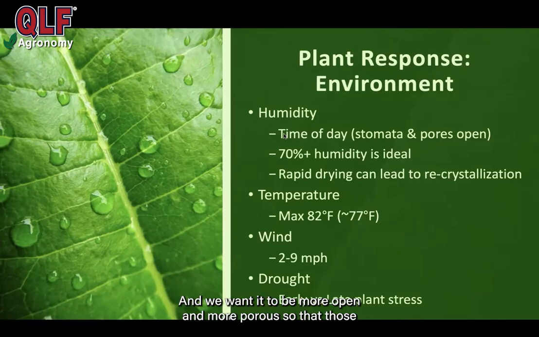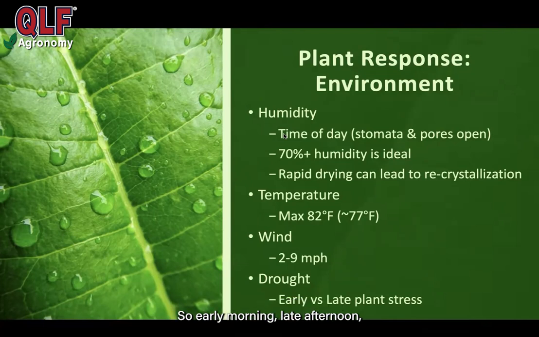We want it more open and porous so that the waxy cuticle micropores and the stomata are open and nutrients can pass through. We don't want the plant hot and dry and stressed and tight and conserving moisture and closed. We want it open for business.